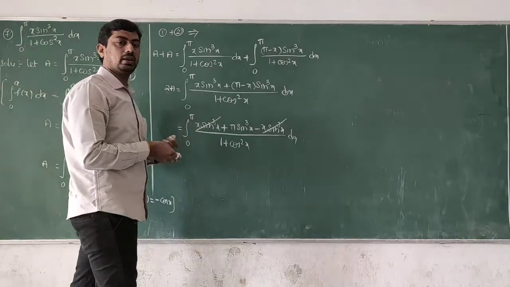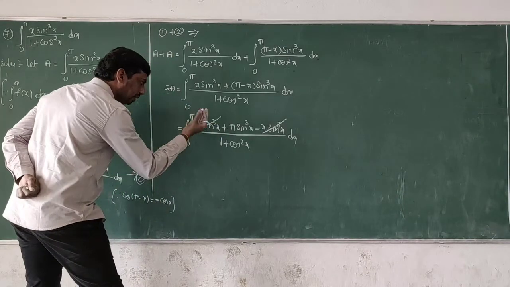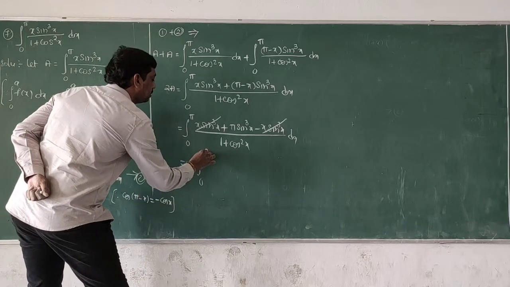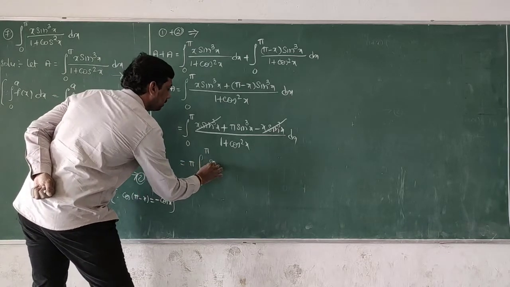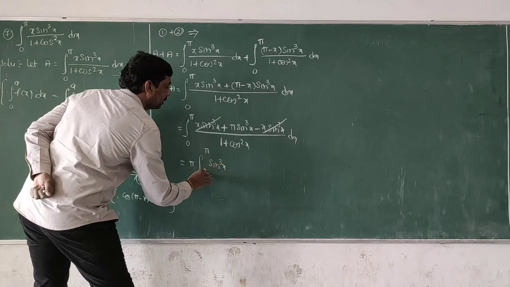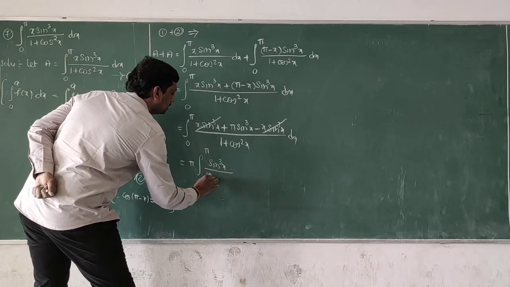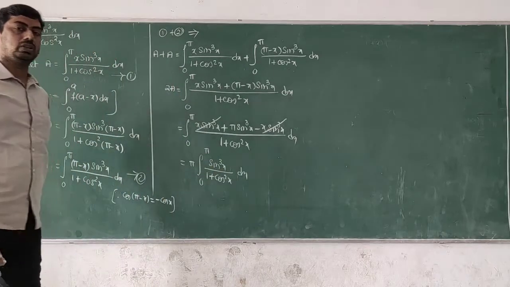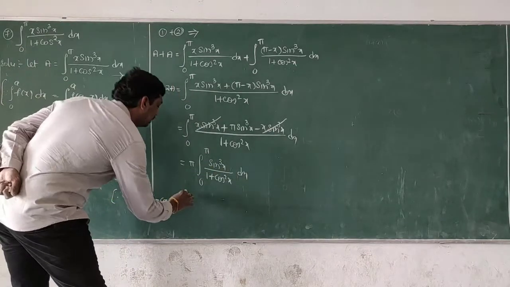Pi is constant now. That's why this can be written as pi into integration 0 to pi sin cube x by 1 plus cos square x. Now we need to simplify this one. Okay, in which way? Continuation.